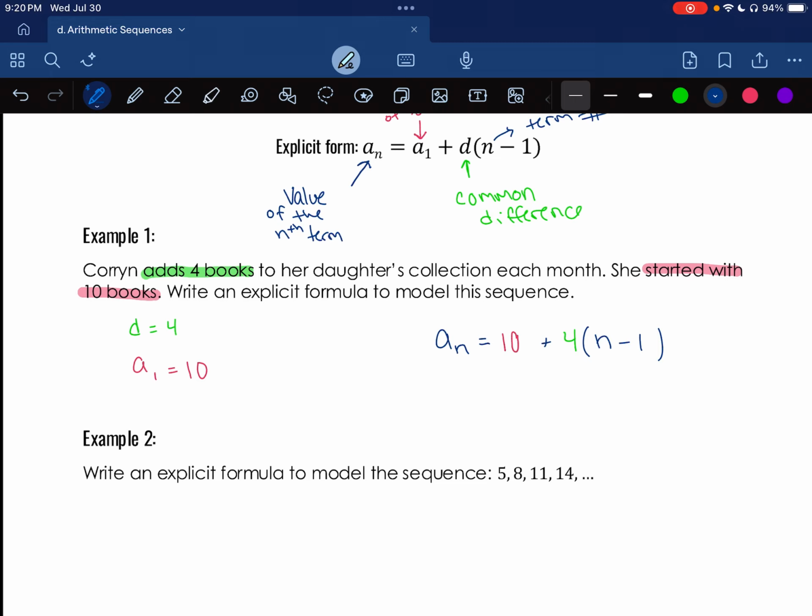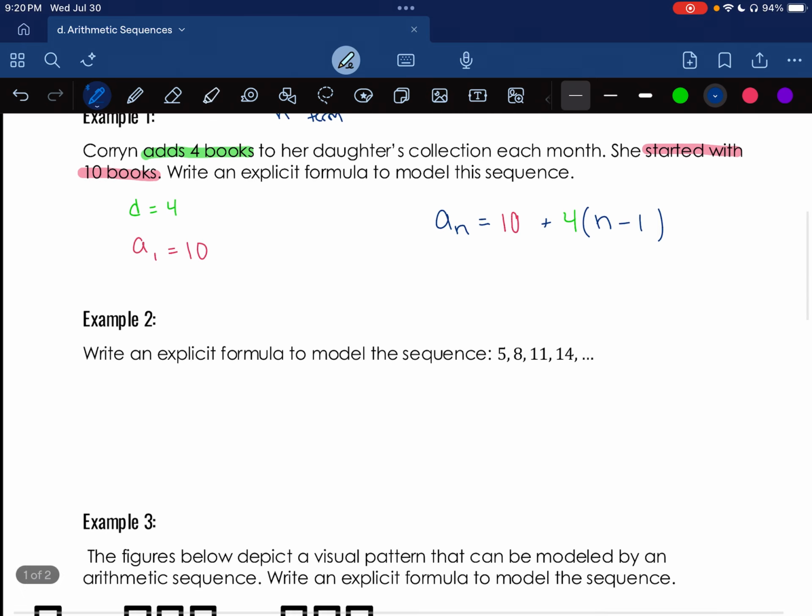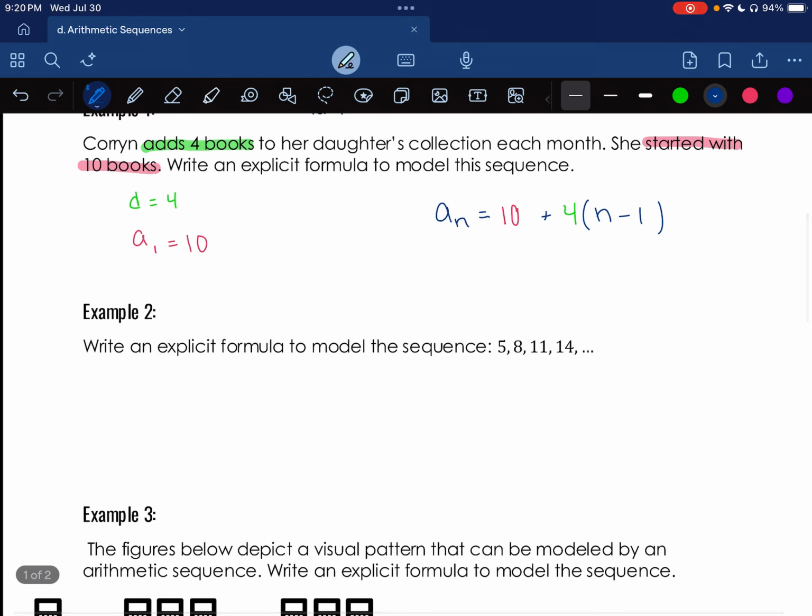All right. Next, this is the boring way we usually see this in explicit form to model this sequence. So again, I need to figure out A sub 1 and I need to figure out my common difference. So A sub 1 is fairly straightforward to come up with. It is just the value of that first term there.